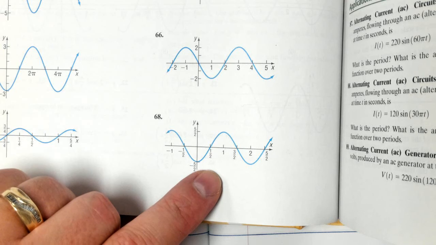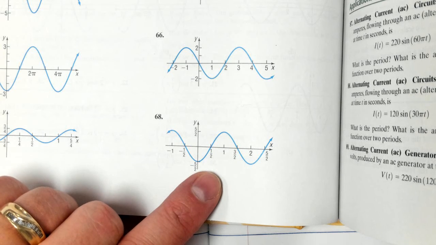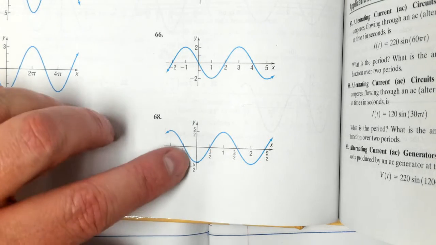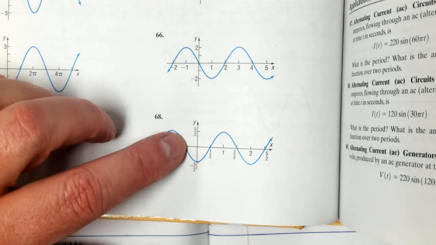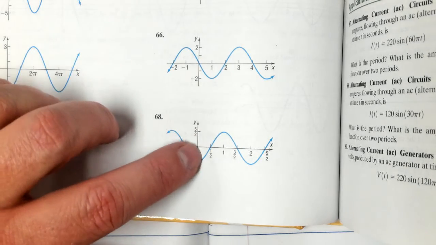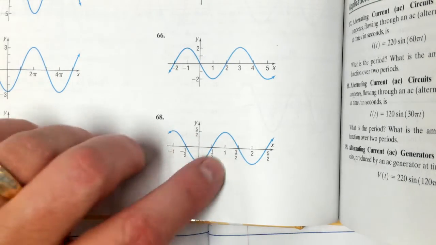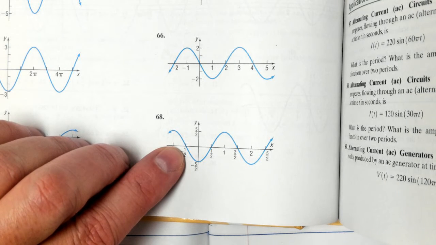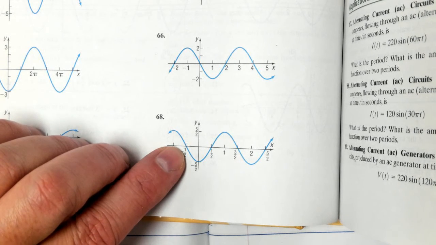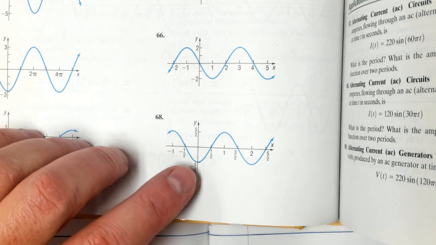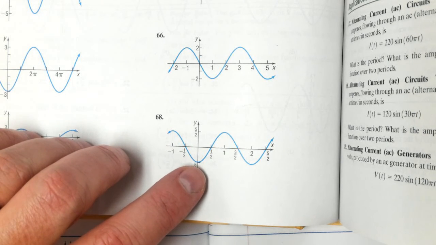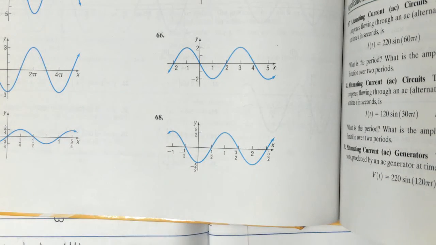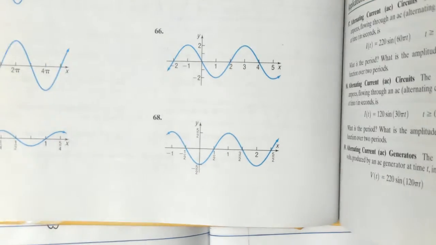So basically on this one, your amplitude for 68 is going to be 5 halves because you're going up 5 halves and down 5 halves from your middle line, which is y equals 0, because that's the x-axis. And your period is from, thinking about this one, the middle to the middle, so from 0 to 2. So your period's 2.